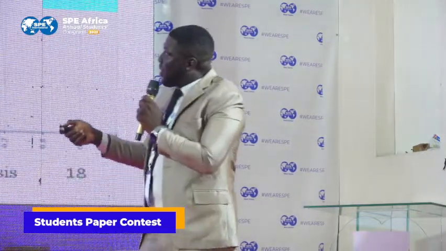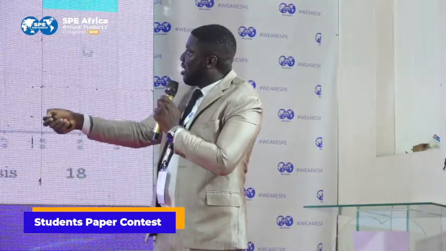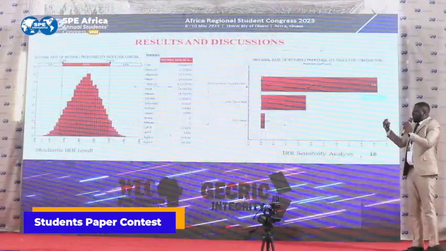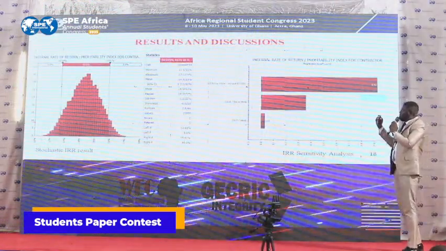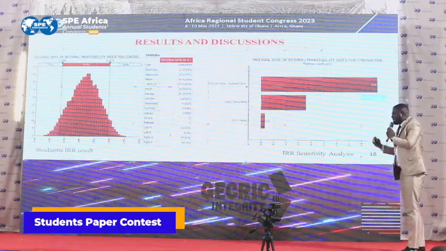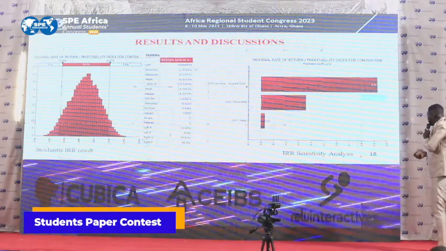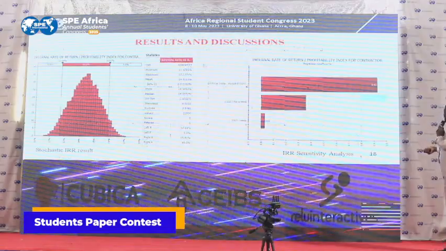The color here shows that there is 90% certainty that the internal rate of return will be between 12.45 and 15.5. Then the 5% here just tells the investor that there is a 5% chance that the internal rate of return is going to be greater than 10.08.